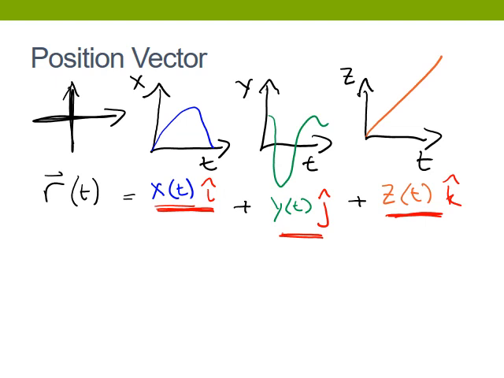Now don't ask me why we use r. There are only 26 letters in the alphabet plus whatever we can steal from the Greek. But the r now denotes my position in time, and it is a vector. It tells me how my position changes in all three directions with time.